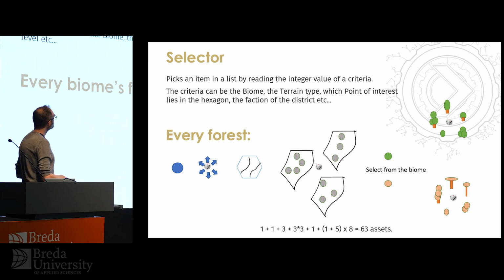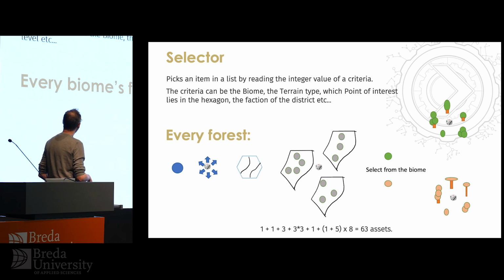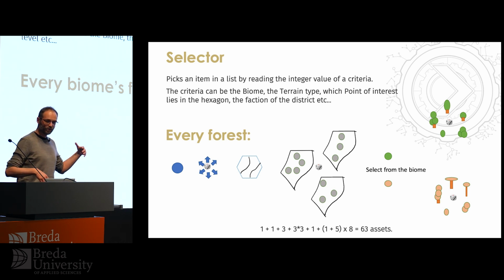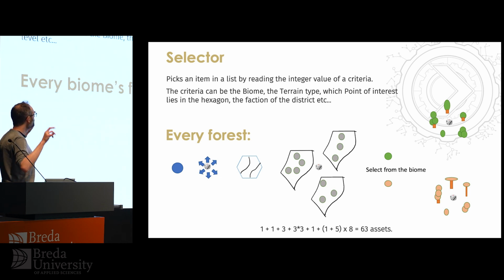So for example, if we want to make every biome's forest, we could just repeat the same sequence as we did for the last forest, but instead we just change the way we produce the forest.